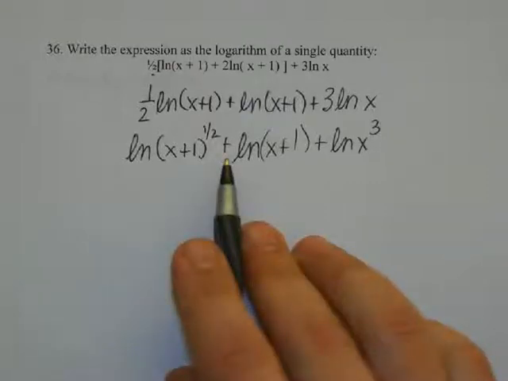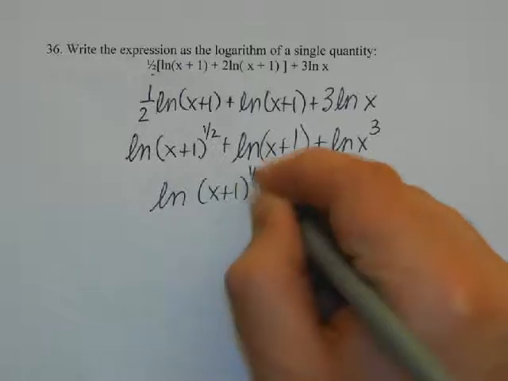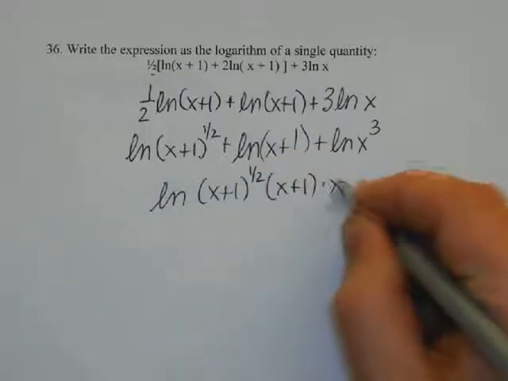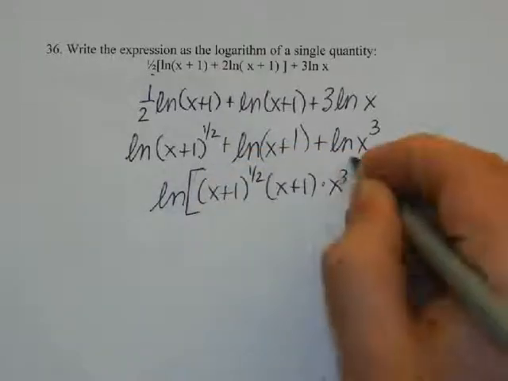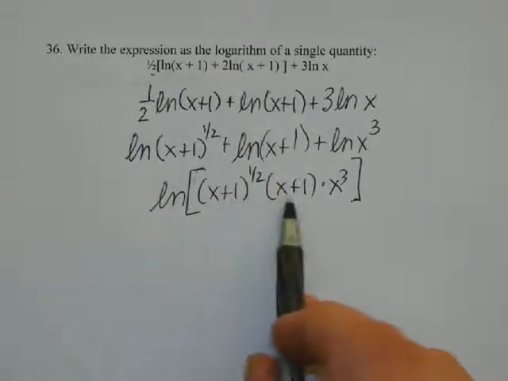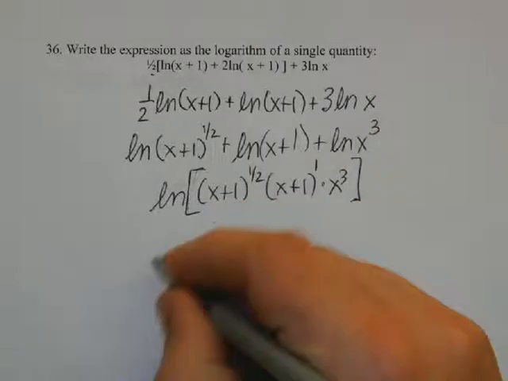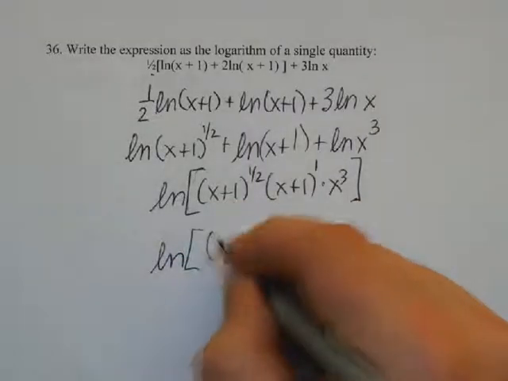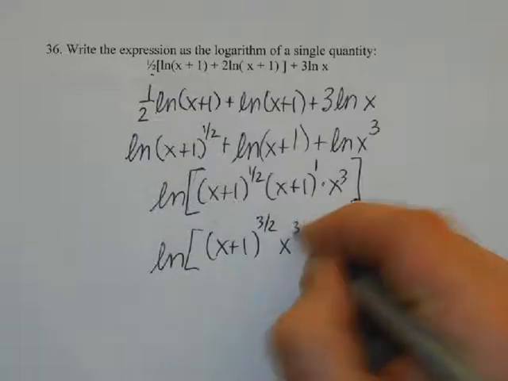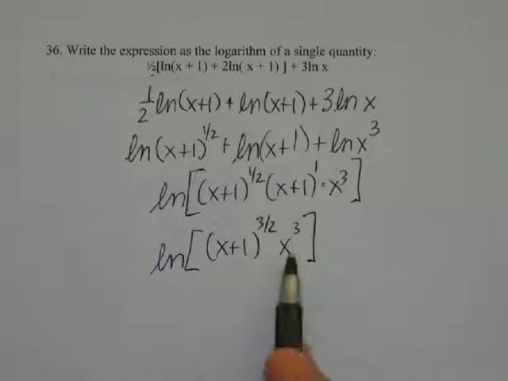At this point, we can rewrite it: x plus 1 to the 1/2 times x plus 1 times x cubed. Now, at this point, we can actually combine these. Remember, this is the first power. So it's the natural log of x plus 1 to the 3/2 power times x cubed. If you put x cubed first, that's fine also.